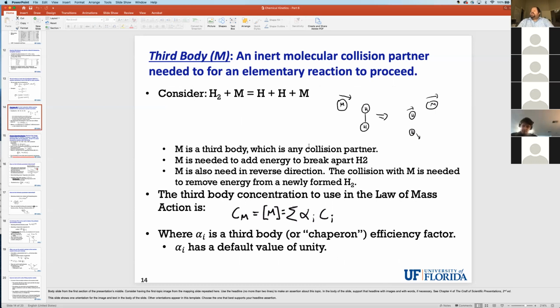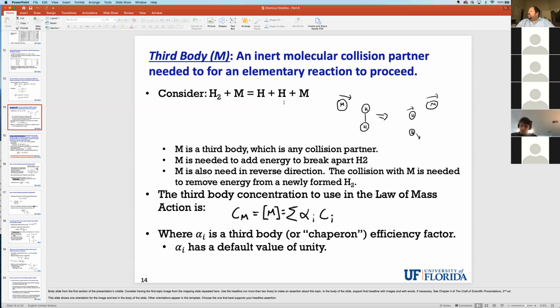A third body is given by the symbol M. And this M represents any collision particle. In theory, it can be any species. It doesn't matter what it is. It just needs to be something. So let's consider H2 plus M, where M indicates a third body, and that's going to break the H2 into two H atoms.